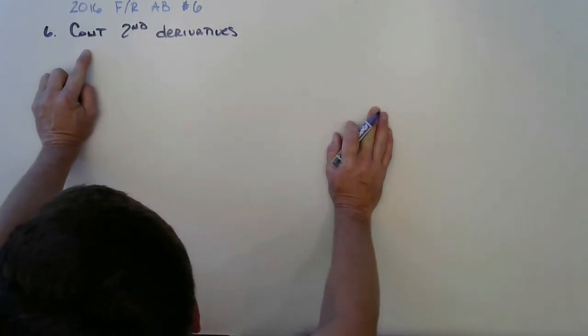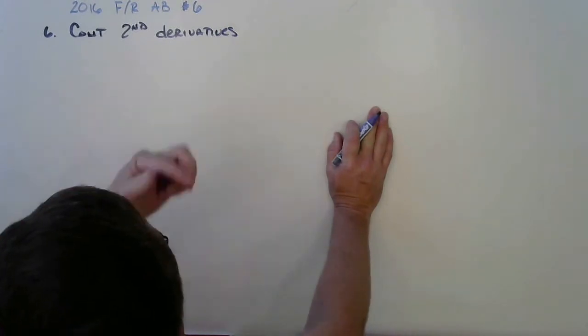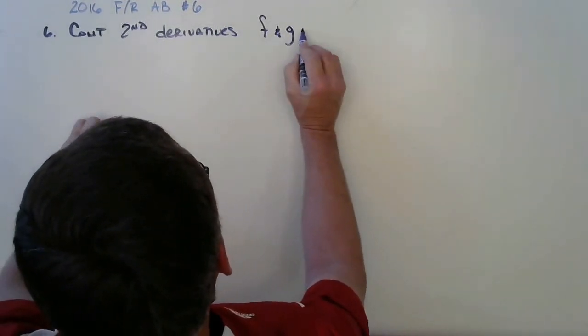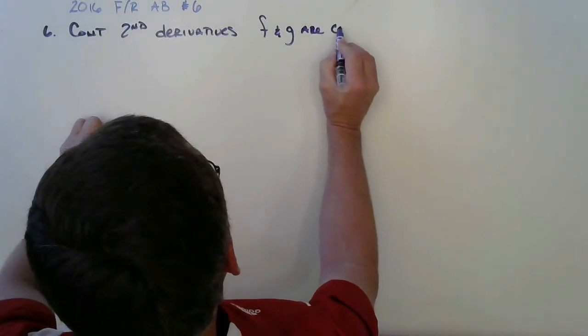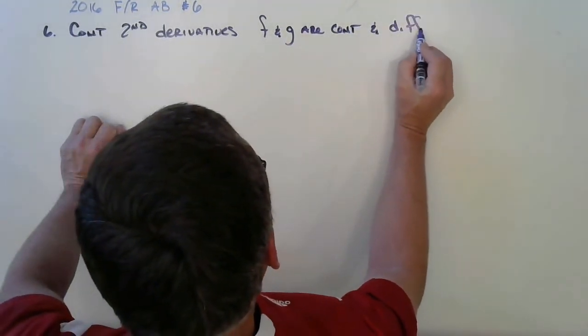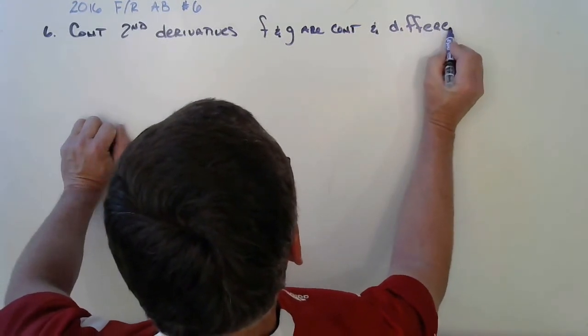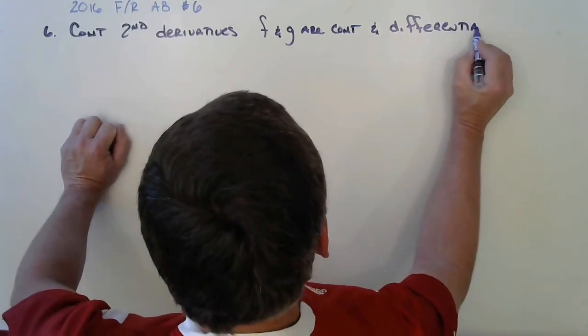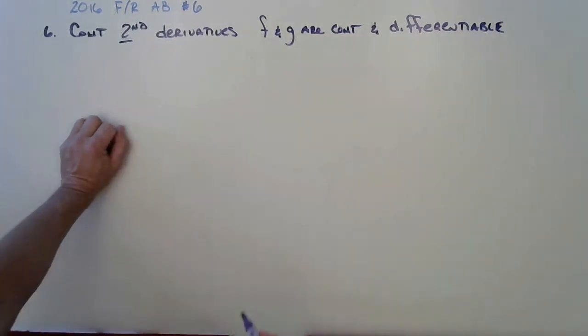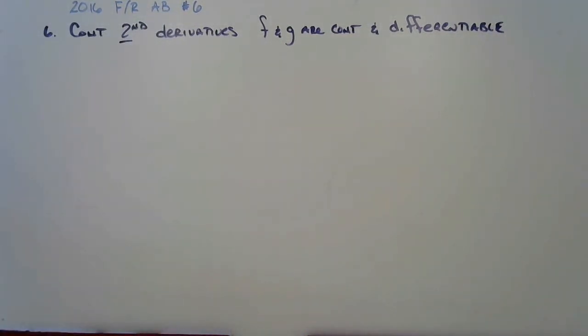And if the first derivative is continuous, the functions are continuous. So what this means is f and g are continuous, and of course differentiable, because they both have a second derivative. So we've got the first derivative and the second derivative. The table above gives values of the functions and the derivatives at selected values of x.